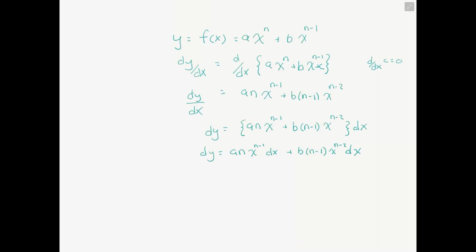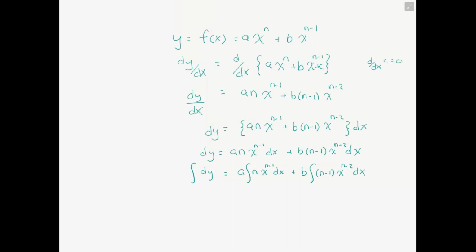And now we want to take the antiderivative. So the symbol that represents that is this elongated s, equals, we can bring the a outside, n x to the n minus 1 dx plus b times n minus 1 x to the n minus 2 dx.